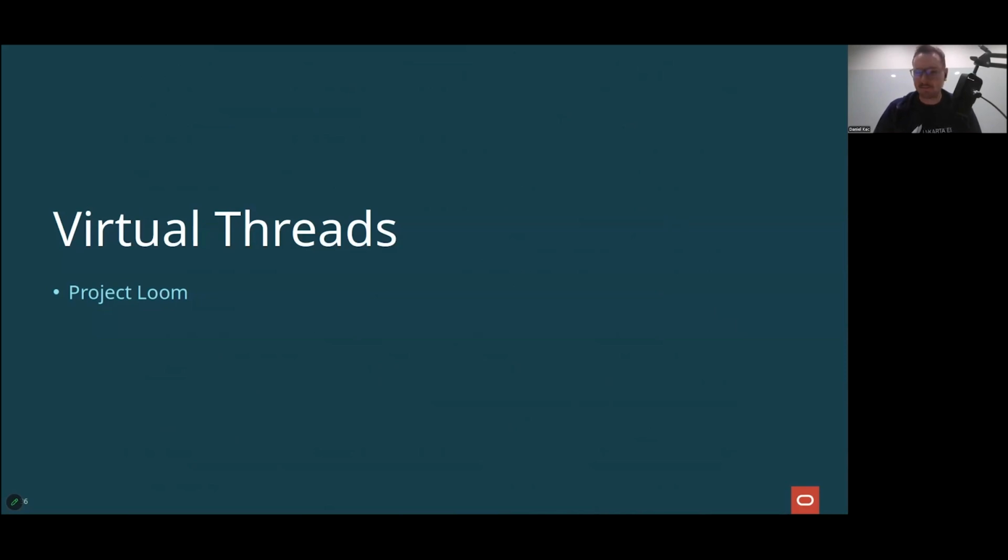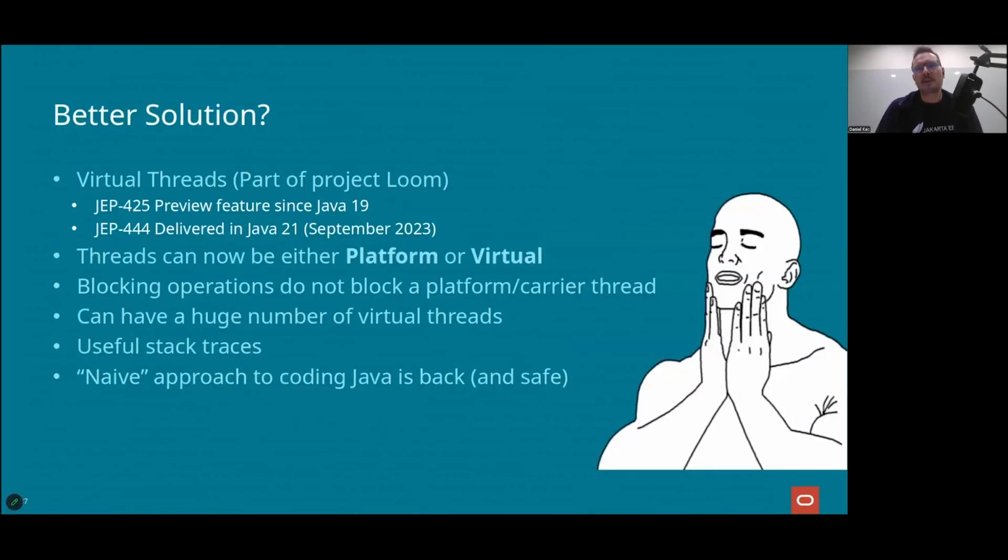Virtual threads. In September 2023, with the Java 21 release, JEP 444 delivered Project Loom. And Project Loom, among others, brings virtual threads. Now you can choose if you want to use platform threads or virtual ones. Blocking operations don't cause expensive context switches. We can have a huge number of virtual threads, and it's cheap.